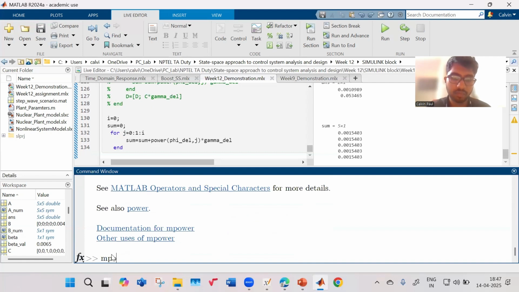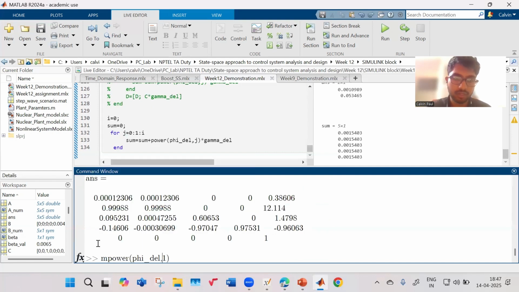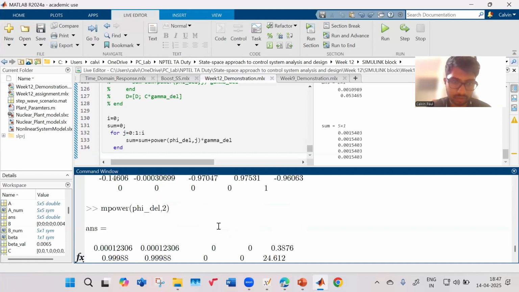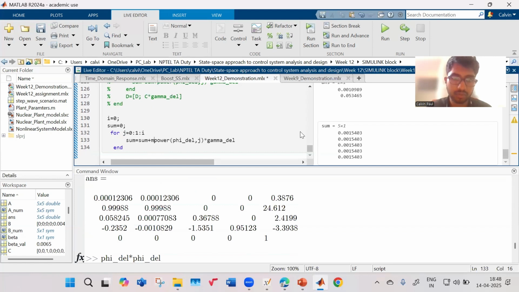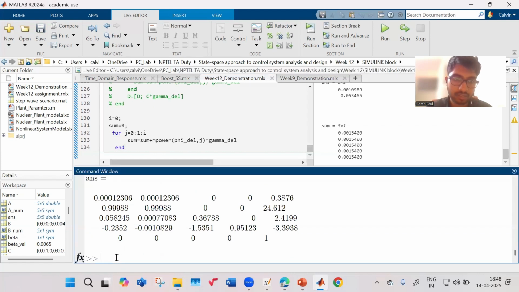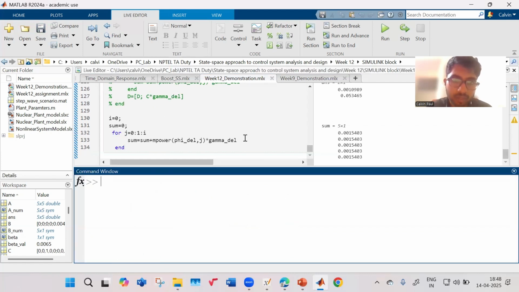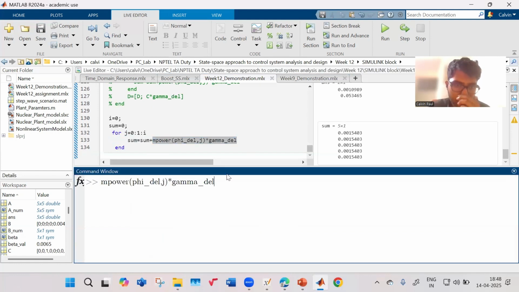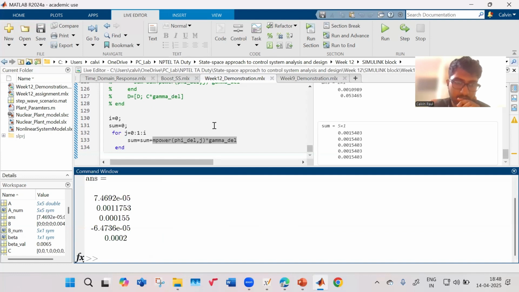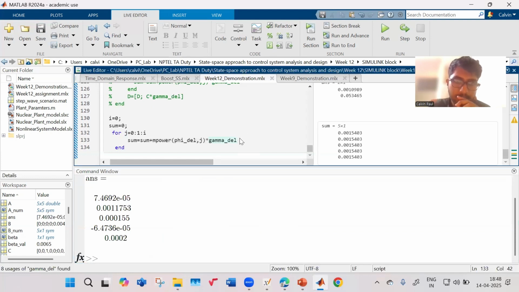So let us do M power: phi del to the power one is this, phi del squared is this, phi underscore del into phi underscore del is again this. So we have to use M power. Let us say I use M. So what is M power phi del with j into gamma? So this is 1.